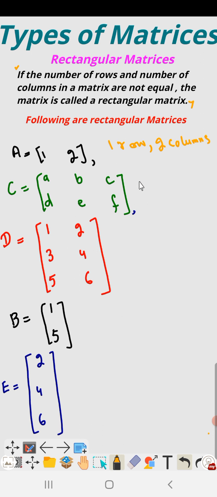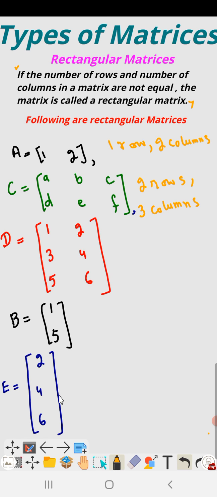Two rows and three columns. So the number of rows is different from the number of columns in matrix C. So C is also a rectangular matrix.